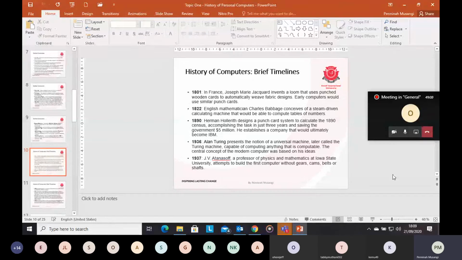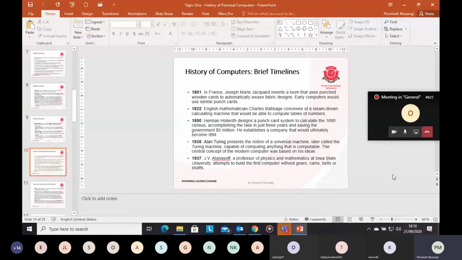Only that. But there is a lot which can be computed. So in 1936, Alan brought in this machine, named after himself, which was able to compute anything which could be computed.